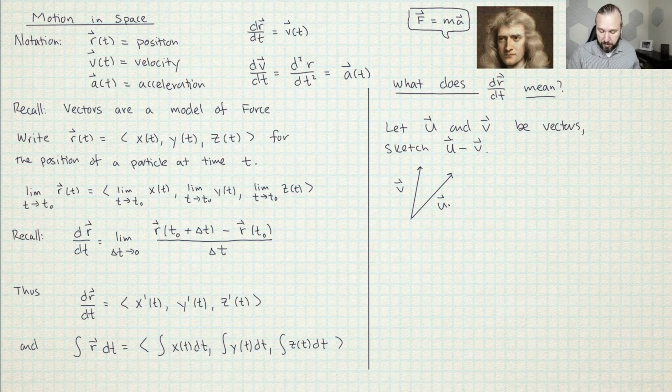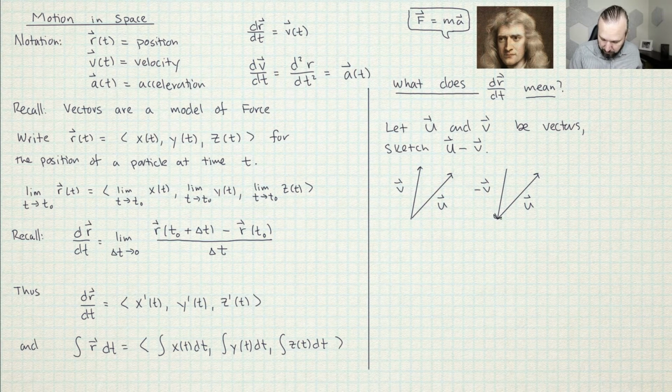So the first thing I'm going to do is just make v negative. So that's easy. I'll just take this picture, slide it over here.